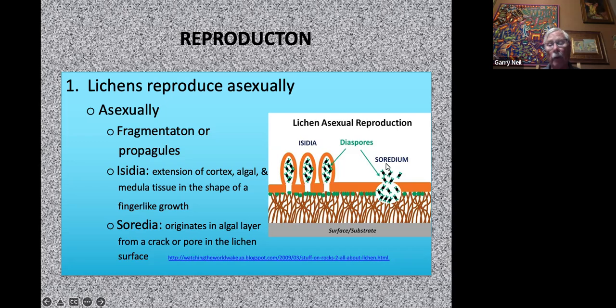These are very important items to identify a species of lichens. You have to use the dissecting scope in many cases to do this and get up to about at least 20 or 40 times normal vision in order to actually see these structures.